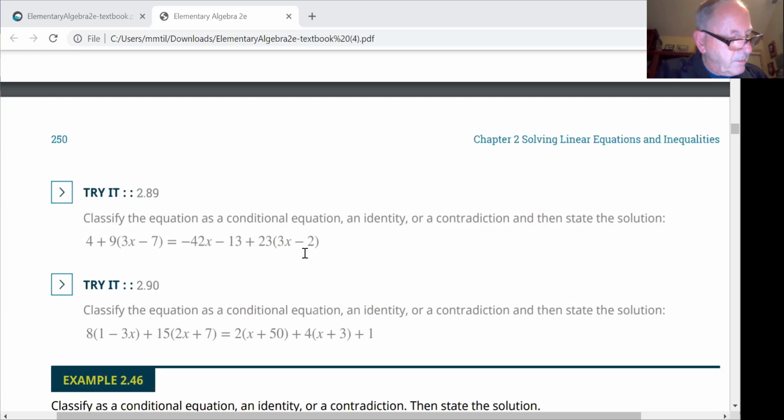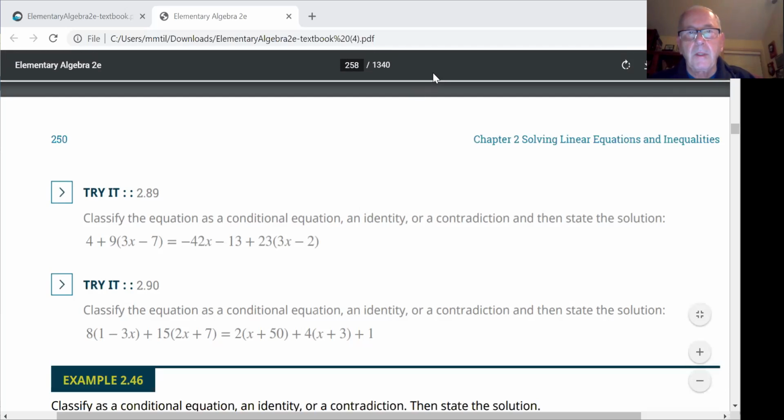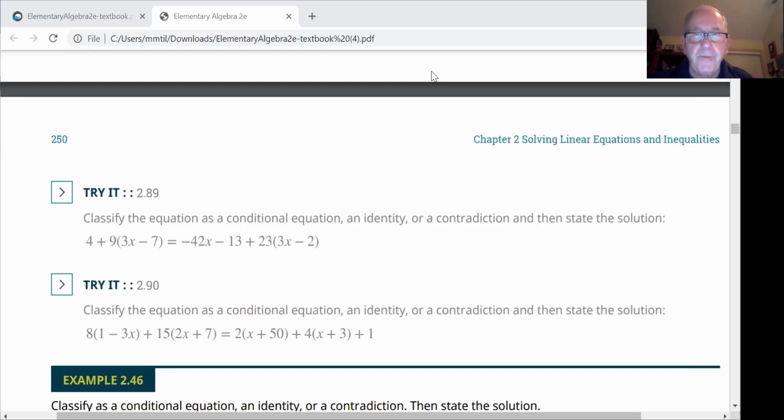I'm going to go ahead and share, so you guys start working on that. Ella, are you listening? Yep. Okay, so start working on that. I want you to solve it and tell me what kind of equation it is. So I'm going to stop sharing and I'm going to go to my board.